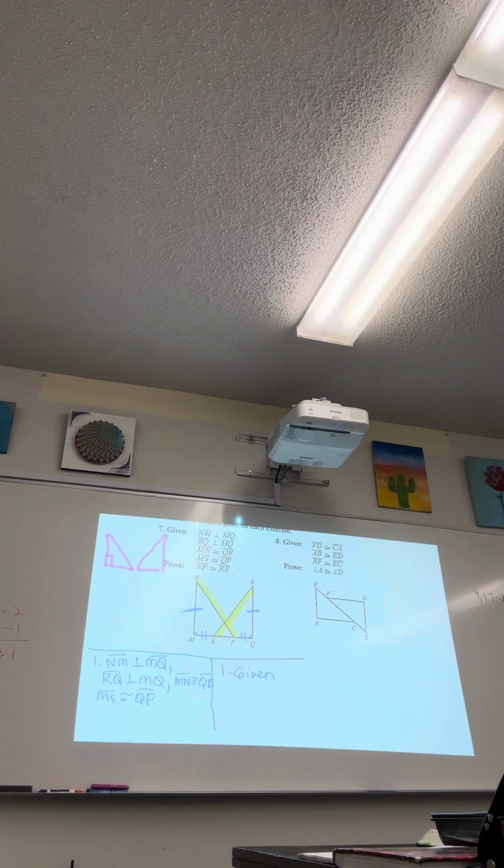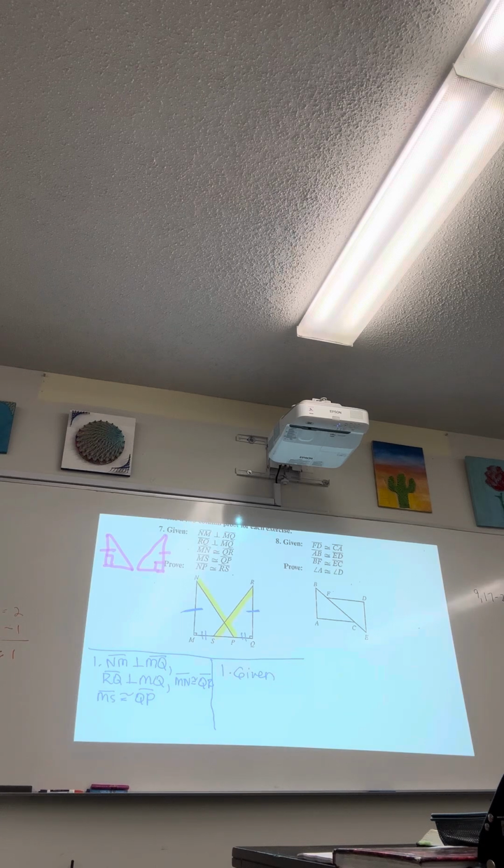So I'm doing a quick sketch. I'm marking the pieces I know. That's what I know so far. I don't really know anything else that I can mark on just those parts. Alright, what do I do now?